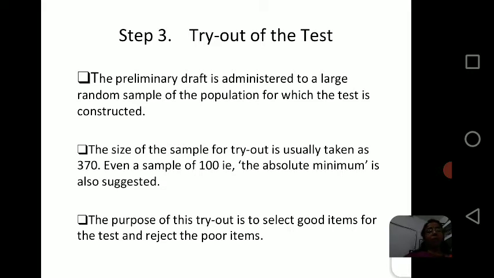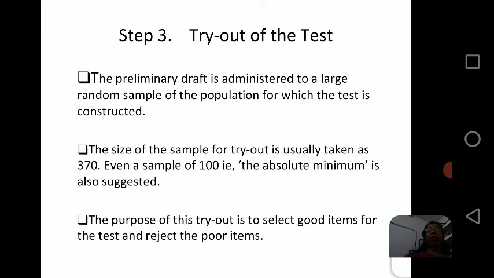The purpose of this tryout is to select good items for the test and reject the poor items. Means first level filtering of the items is done here. We will administer the test, and there may be questions with ambiguity, there may be repeated questions, there may be questions which cannot be answered by the students.